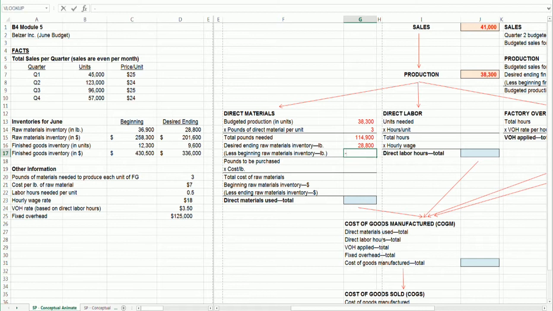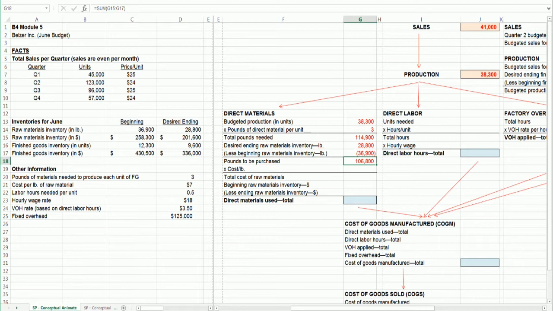We started the month with 36,900 pounds of raw materials. So just like the production budget, if we take the sum, we determine, okay, to produce 38,300 units of finished goods, I need to purchase 106,800 pounds of raw materials.